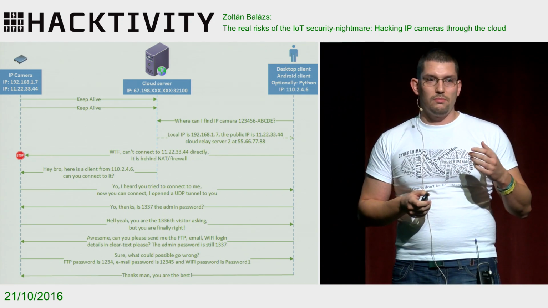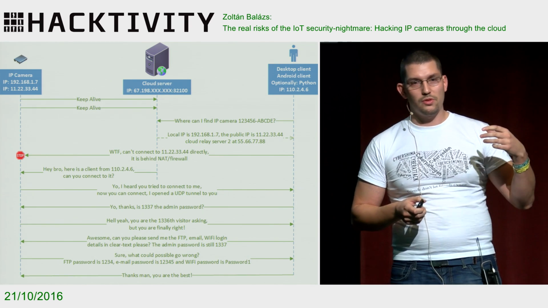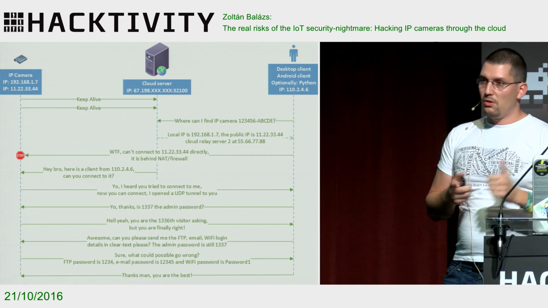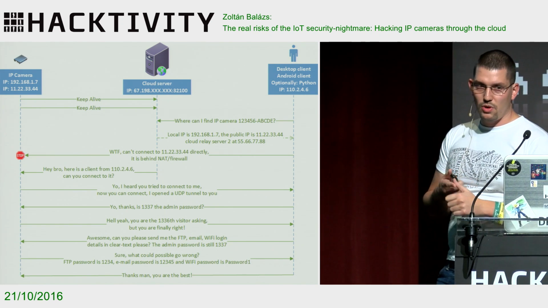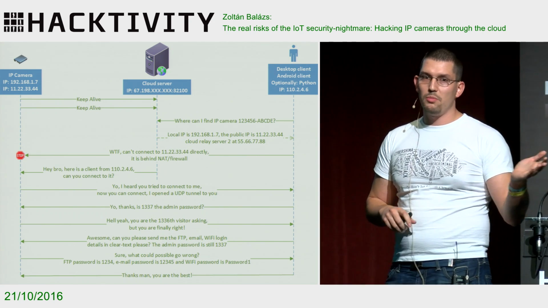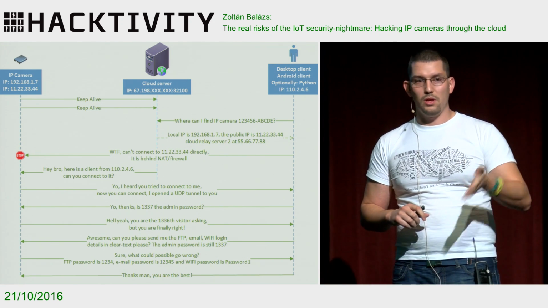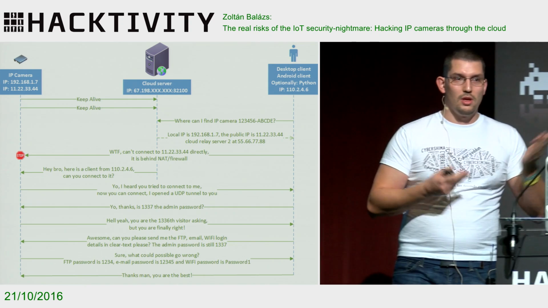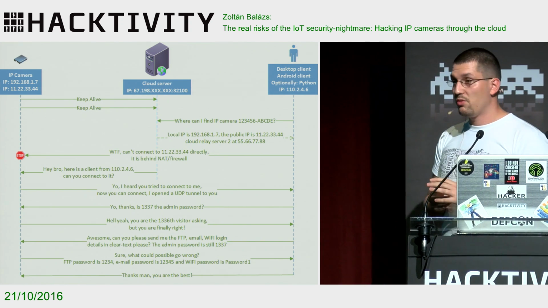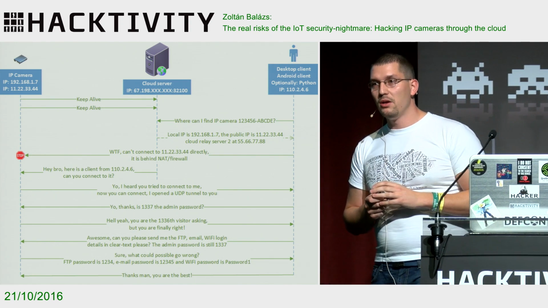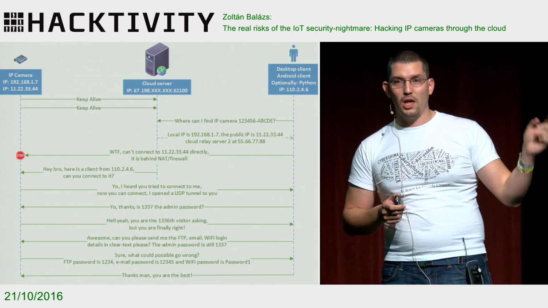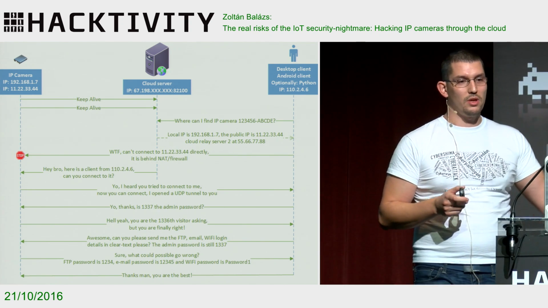And if my mobile phone first starts to connect to the local IPv4 address or the public IPv4 address, by default, it will get dropped because the home router will close the connection because there is no port forward configured. But what's really interesting is that meanwhile, the cloud server can notify my IP camera that, hey, there is a client here who wants to communicate with you.